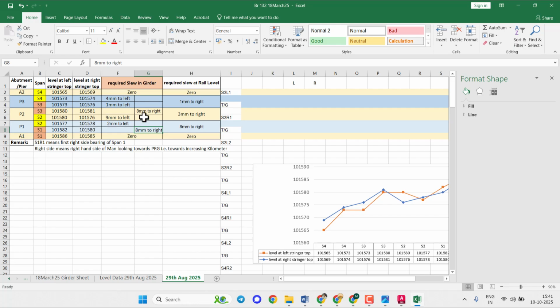So if we have to see pier wise, this is critical, and we may give it some different color also. Let's give it some different color, those which are critical.